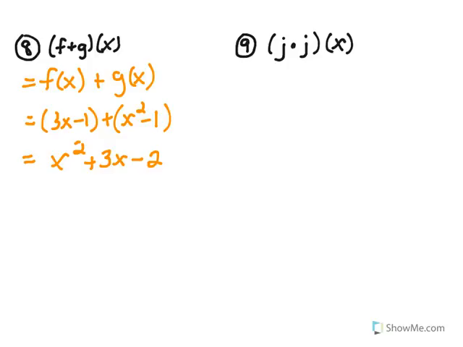Now for number 9, j of x times j of x times j of x. So you can use the same function more than once in a problem. That's okay. J of x was x to the 1/3.